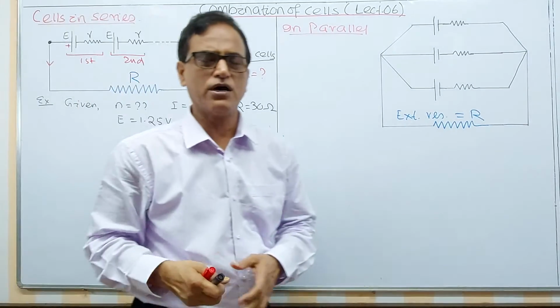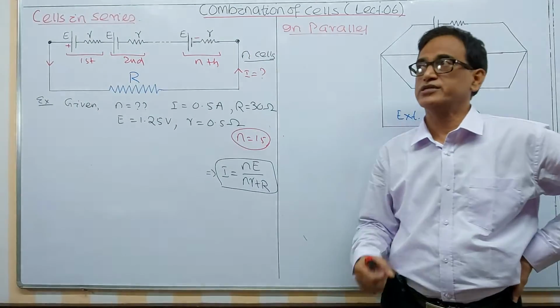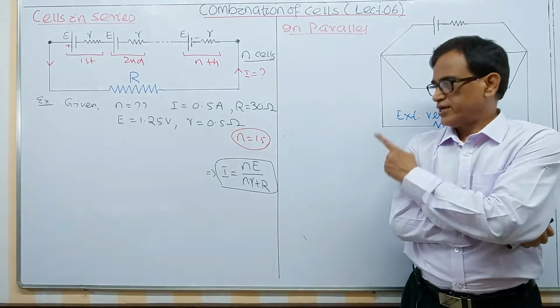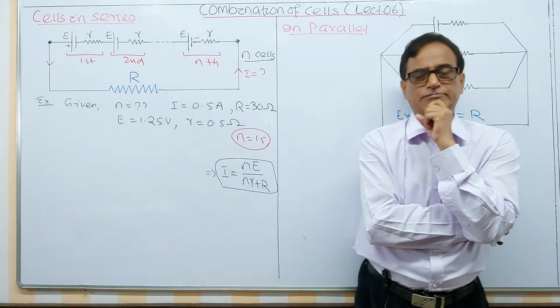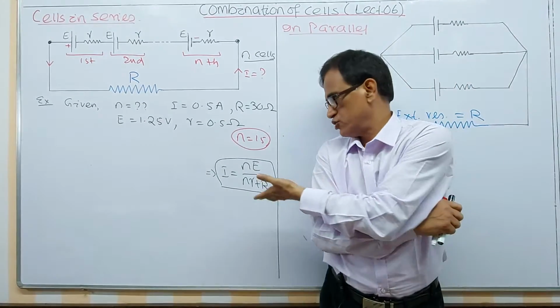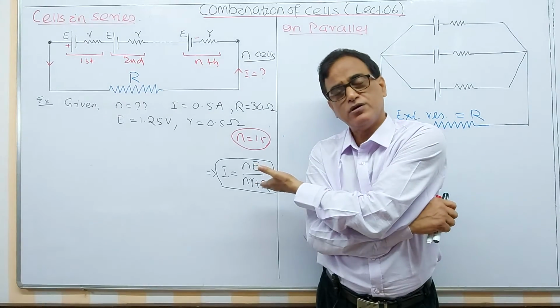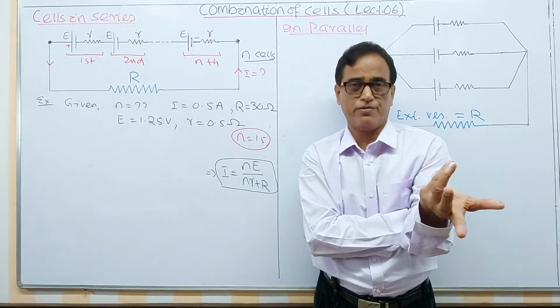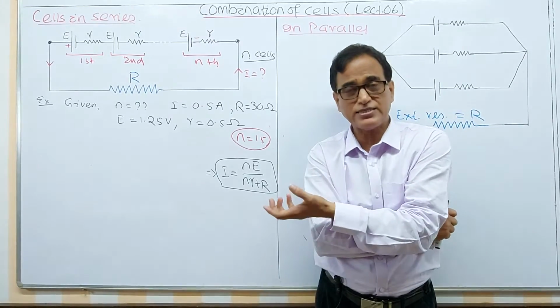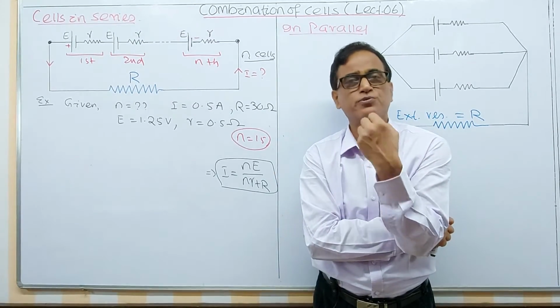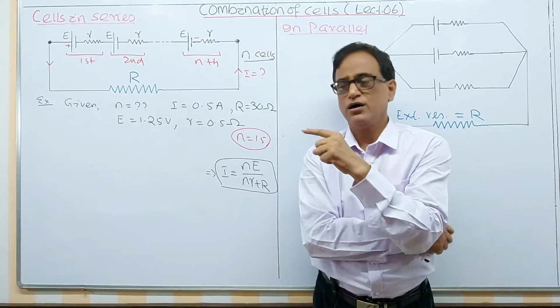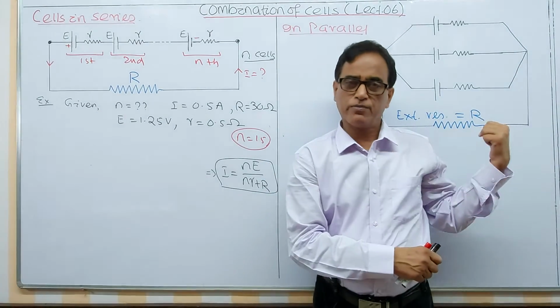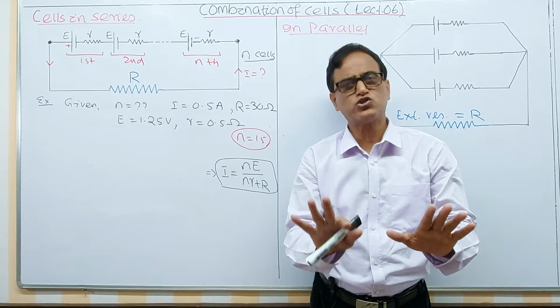Sometimes in the examinations, when this type of numerical is given, you forget the formula itself. Resistance in series, resistance in parallel, those formulas can be remembered. Here, cells in series and cells in parallel, two formulas should be remembered: one formula for current in series, one formula for current in parallel, this much only.